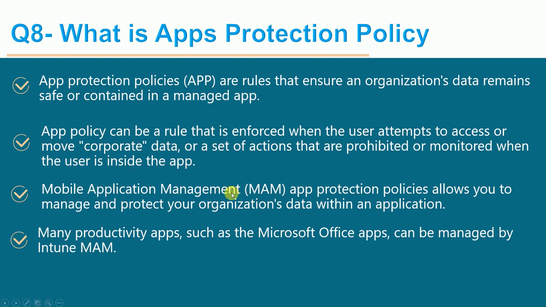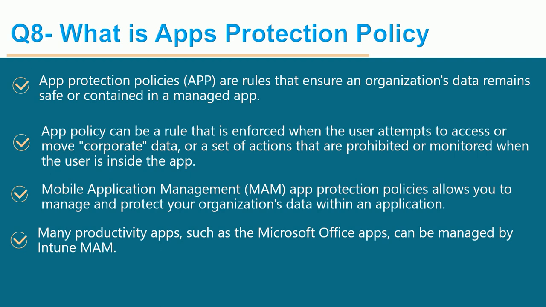Mobile application management, the app protection policy, allows you to manage and protect organization data within an application. So you have the application Teams or Outlook, your email. Email data you cannot share with your personal email, or that attachment you cannot save.